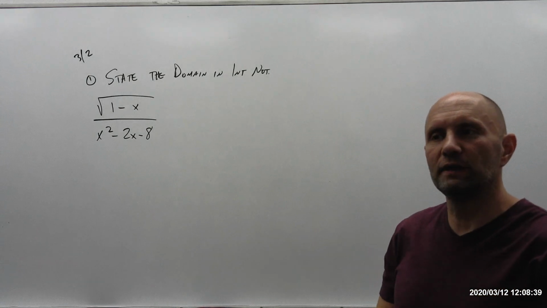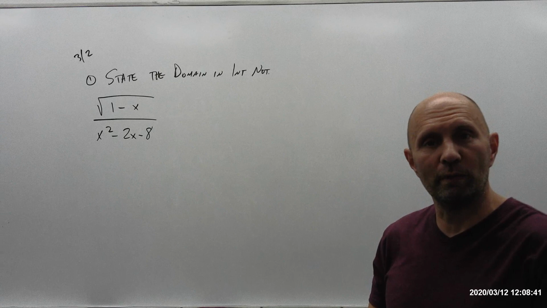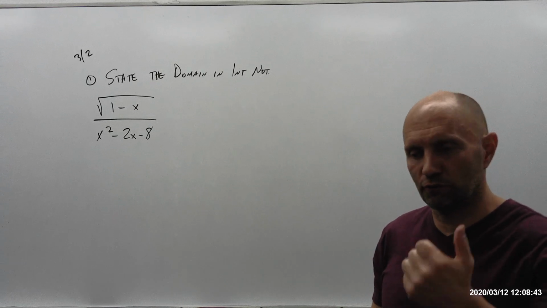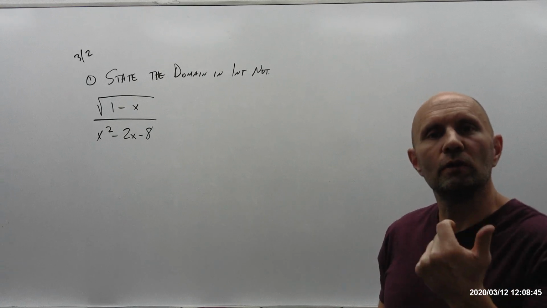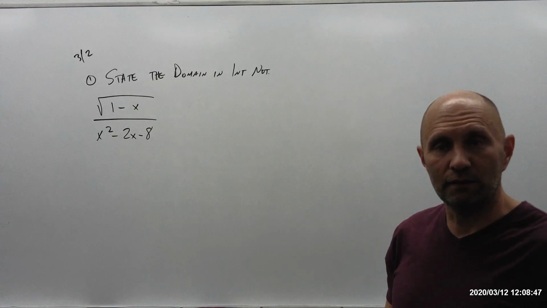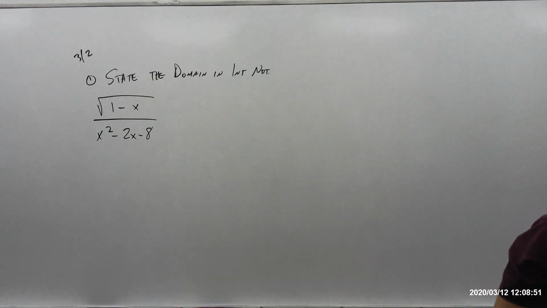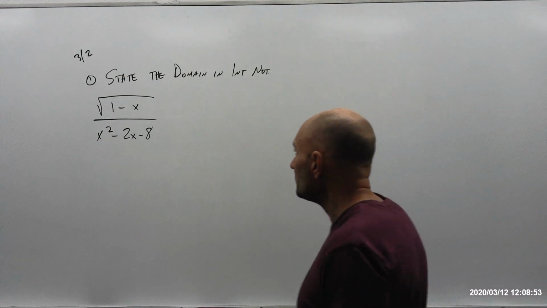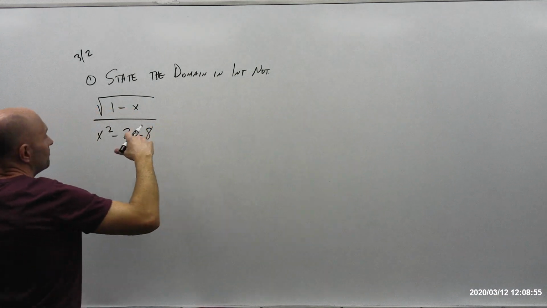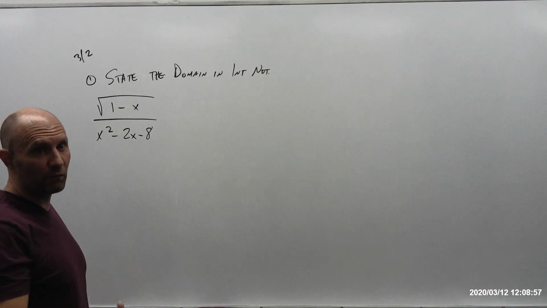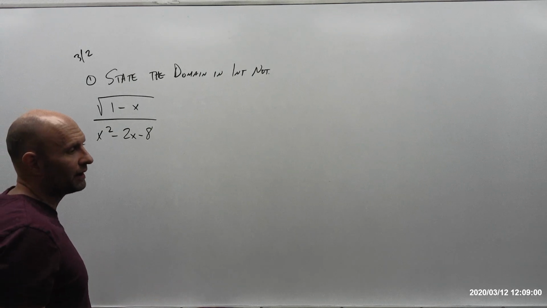When you're trying to figure out domains, what are our concerns? Is there an even radical? Is there a denominator? In this case, we have both. So the first thing we need to do for the numerator, and this is another concept question, if I have an even radical, how do I find the domain?